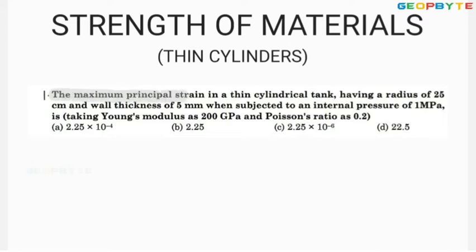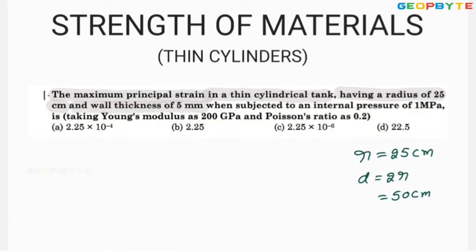The maximum principal strain in a thin cylindrical tank having a radius of 25 centimeters. Here radius R equal to 25 centimeters. If radius is 25 centimeters, diameter equal to twice the radius, it is equal to 50 centimeters.